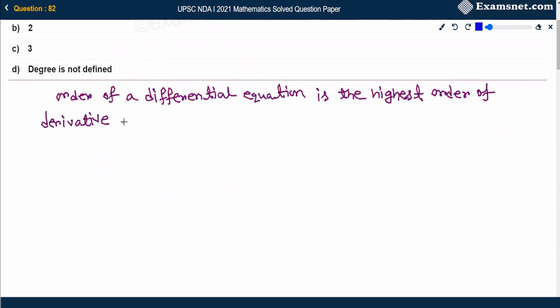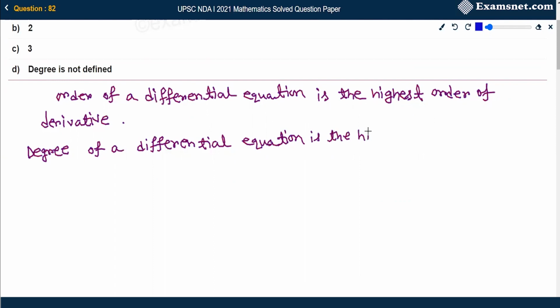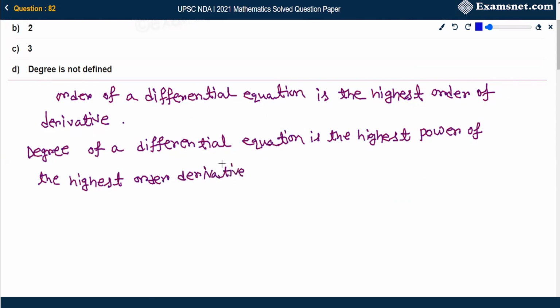Okay, and what about the degree of a differential equation? Now, the degree of a differential equation is the highest power of the highest order derivative that occurs in the equation.